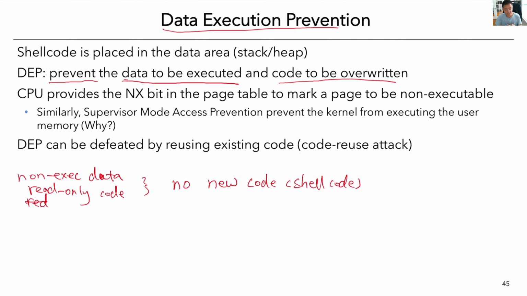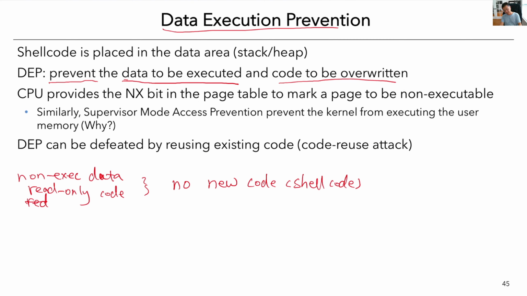So you cannot say, let's inject a shell code onto the stack, then let's execute it, right? So of course you can put the encoding of the shell code to the stack, but it cannot be executed because of the protection. So the data cannot be executed, right?